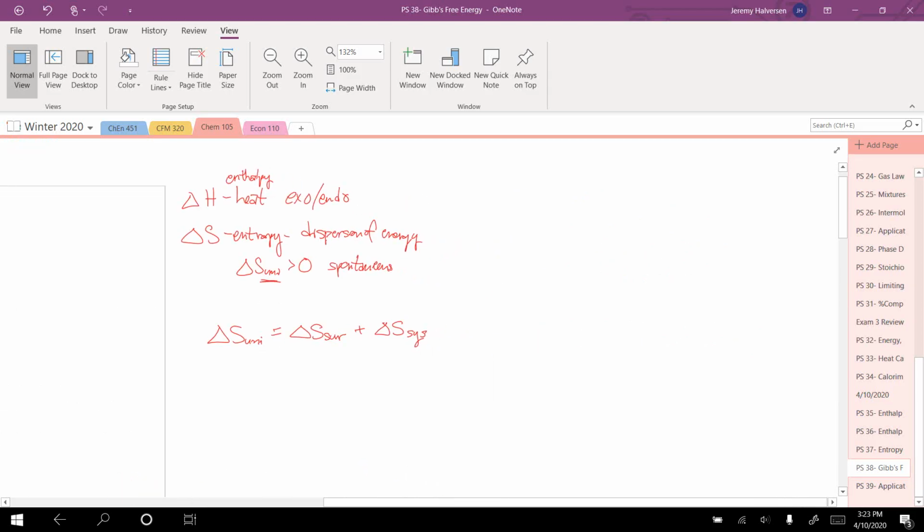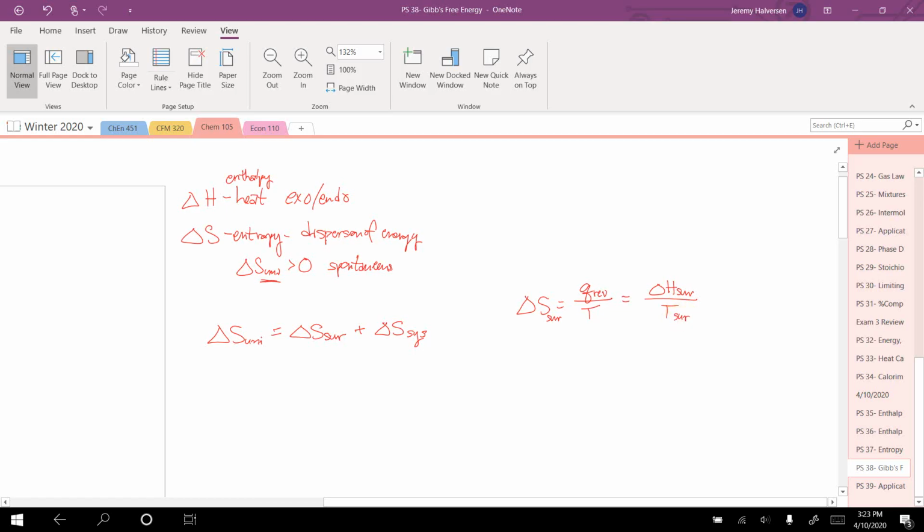We talked in problem set 37 about how when the surroundings is like the whole world, when we add heat to it, the temperature doesn't change, and so we can calculate the delta S of the surroundings as the heat going into the surroundings divided by T. Q reversible over T. You can also write that as delta H surroundings over T surroundings.